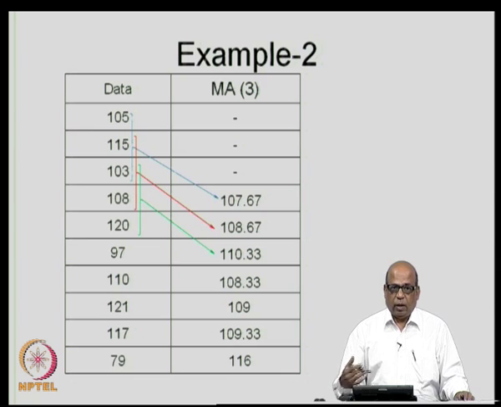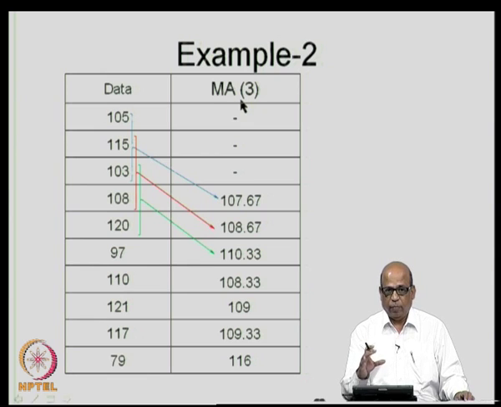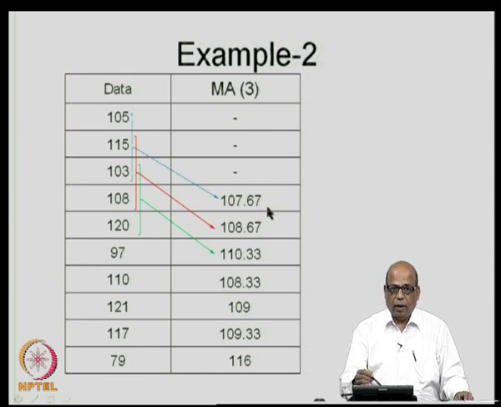Now, we go one step ahead. That means, instead of computing the average only from the previous actual observed values, we compute the average from the moving averages themselves. That means now we go one more order. We take the averages of the moving averages themselves and then compute the forecast.